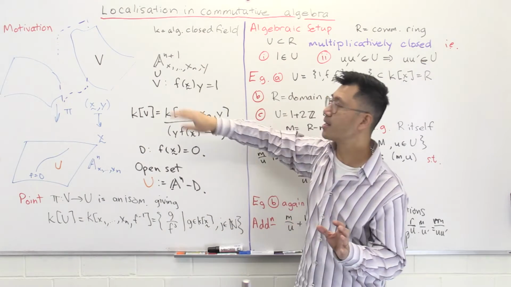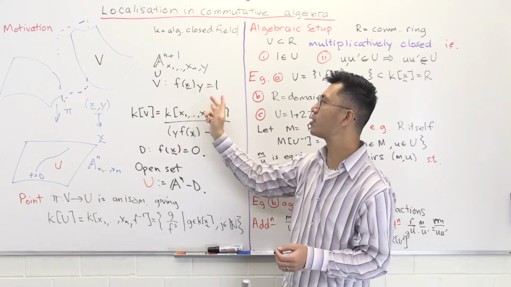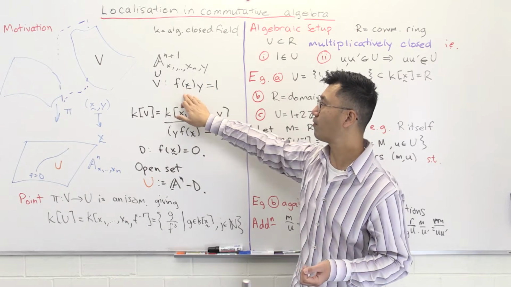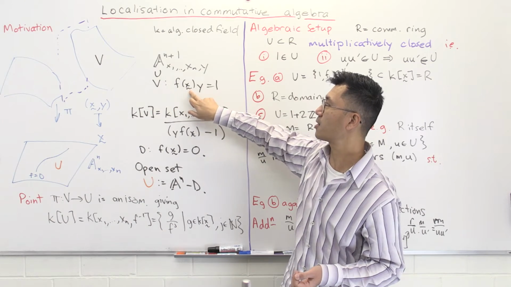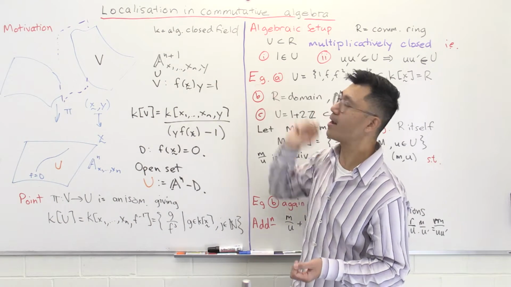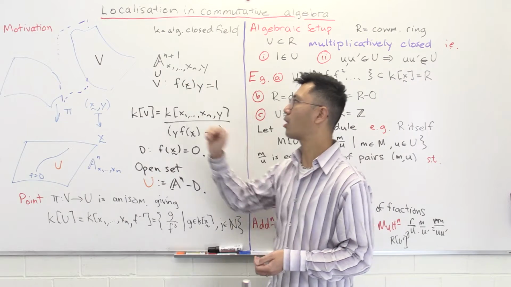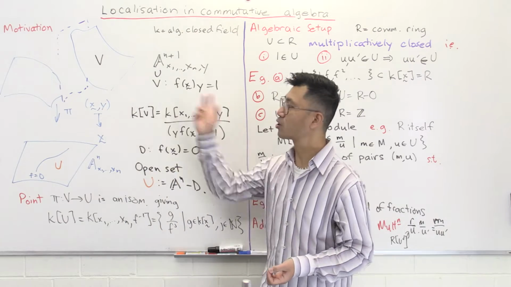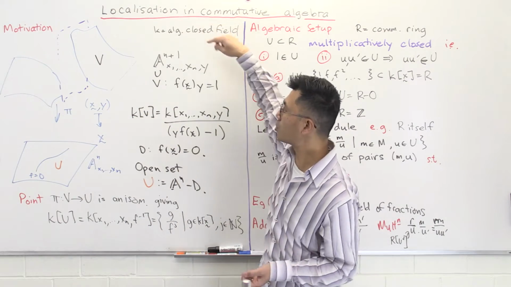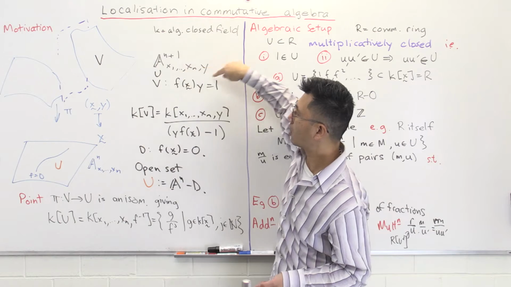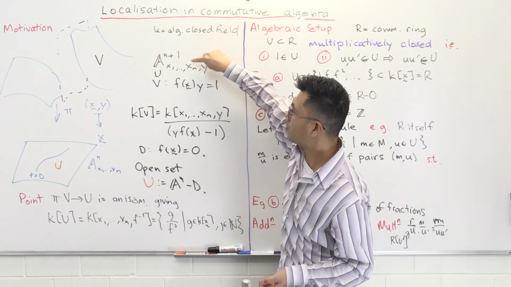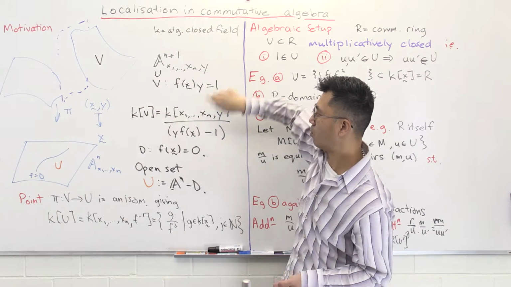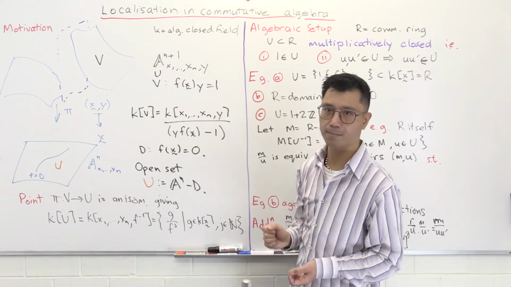Inside here I'm going to look at a closed subset, defined by this single polynomial equation, y times f of x tilde equals 1, where x tilde is shorthand for x1 up to xn. That's certainly a closed subset, so it's an affine variety, and you can talk about its coordinate ring. This coordinate ring is the polynomial ring in x1 up to xn and y, modulo this equation, y f of x minus 1.